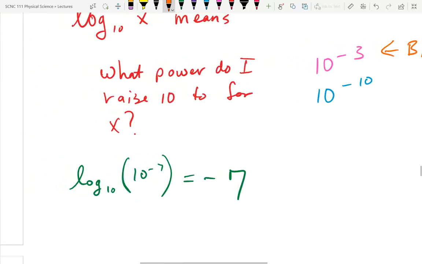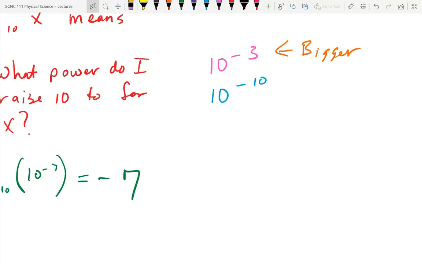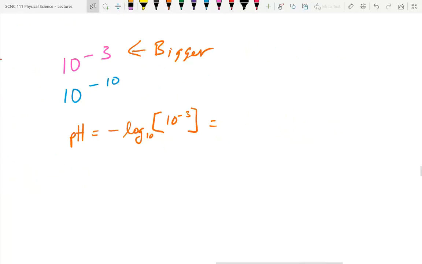Now, if I put those into my pH calculation, pH is equal to minus log base 10 of 10 to the minus 3, which is equal to minus parenthesis minus 3, which is equal to 3.